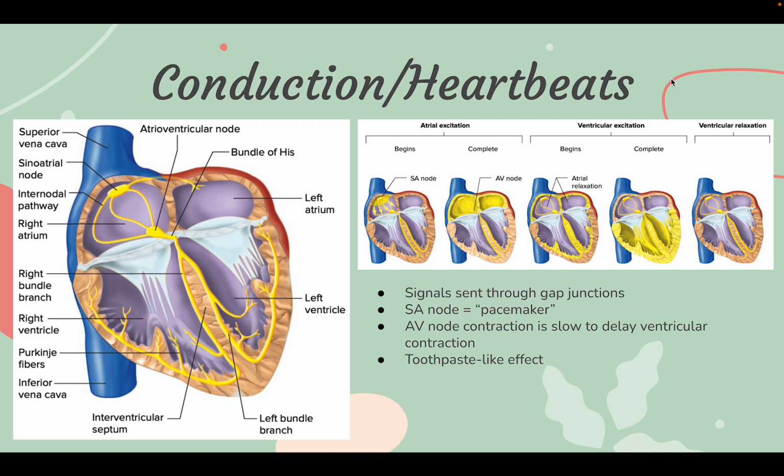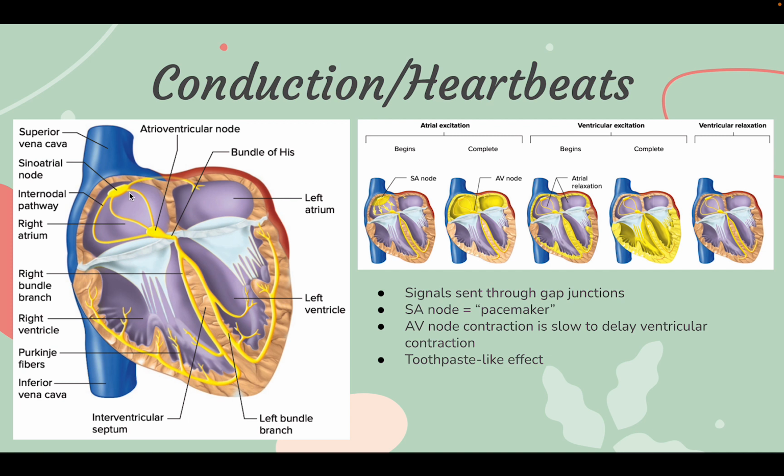So now you may be wondering how our body coordinates this very orderly system of contractions, and it does this by using electricity. So here is the conducting system of your body. We have the sinoatrial node as our starting point, and this is often called the pacemaker of the heart.